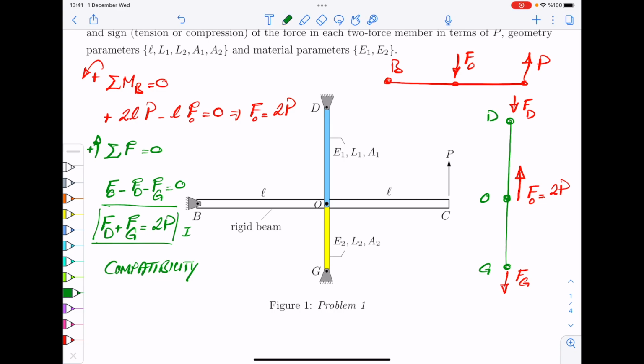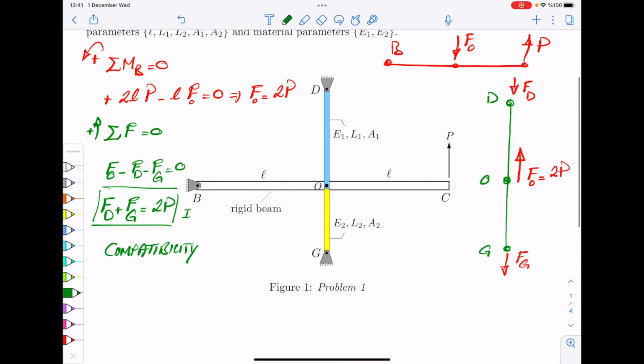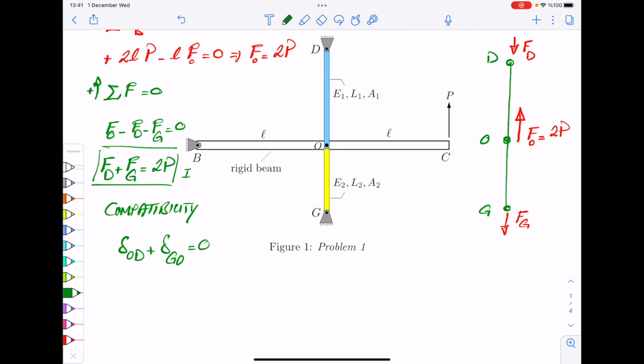So if you want to write it conceptually, in this particular example, you can simply say compatibility basically means delta OD plus delta GO is 0. Again, one of them is plus 5, the other one is minus 5, it should be 0. So that would be your second equation.